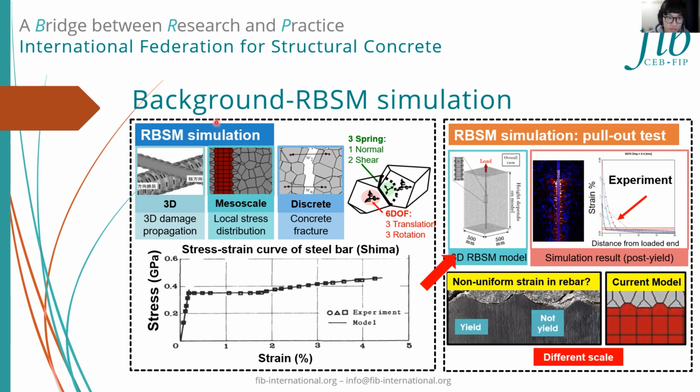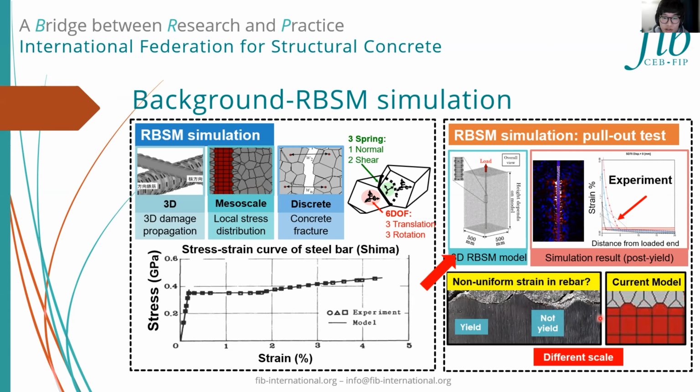As I introduced in the background section, the reason we are trying to observe this kind of phenomenon is because we find some difference between the experimental result and the simulation result. In the current model we use this kind of model size, and it cannot replicate the very detailed strain distribution in reality.